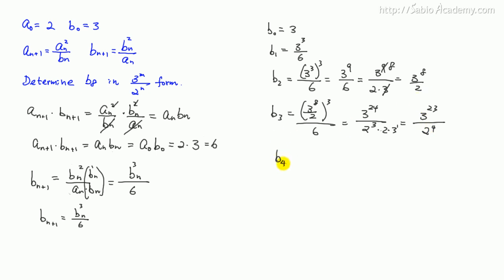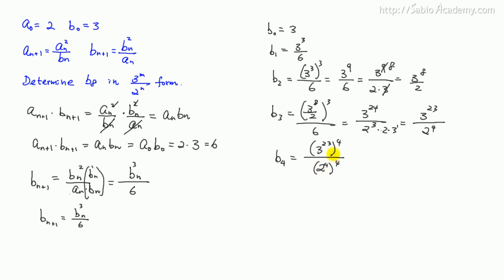Okay, b sub 4 is what? I think there's got to be an easier way than this, but I started on this, so let me finish it. 3 to the 23rd over 2 to the 4th power. This number is getting too big.